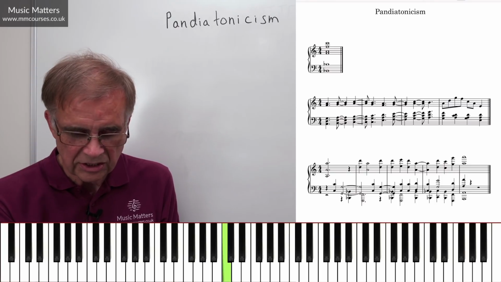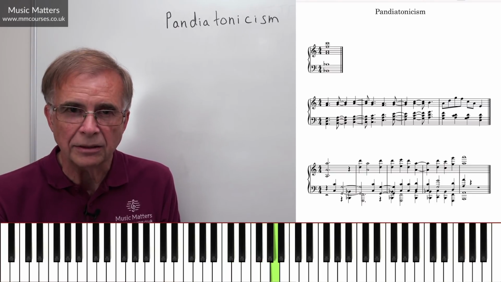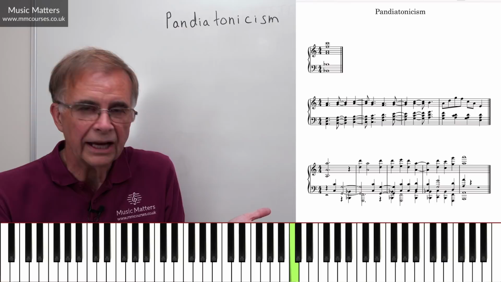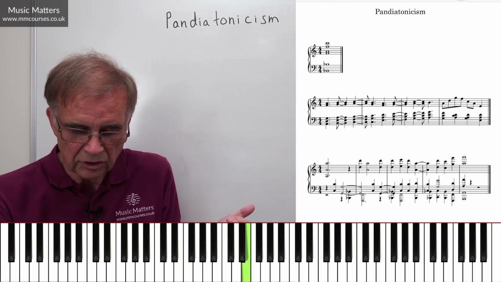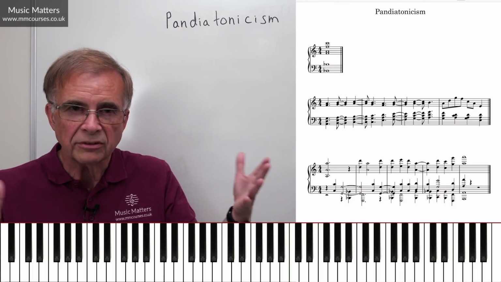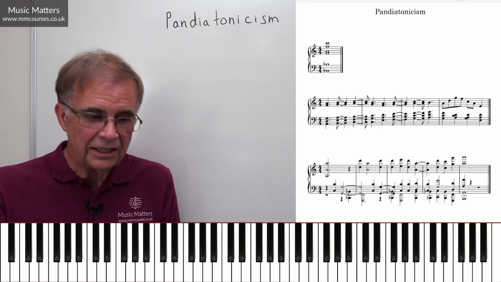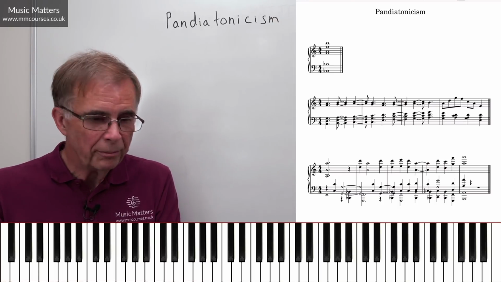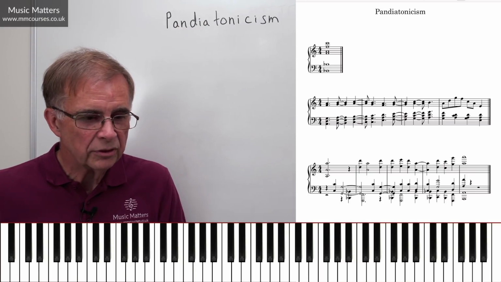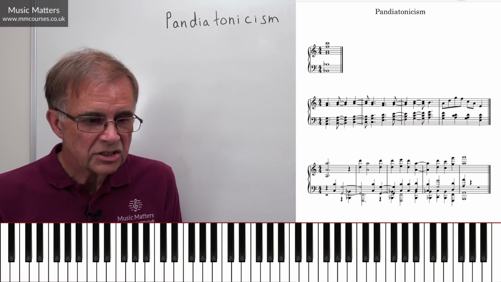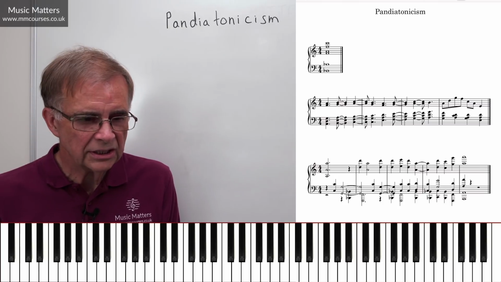So in C major, C, D, E, F, G, A, B, and then obviously coming back to C. But these 7 notes would be the 7 notes in the diatonic scale of C. So he's saying you can use any formation of any number of notes using those 7 degrees of the diatonic scale.